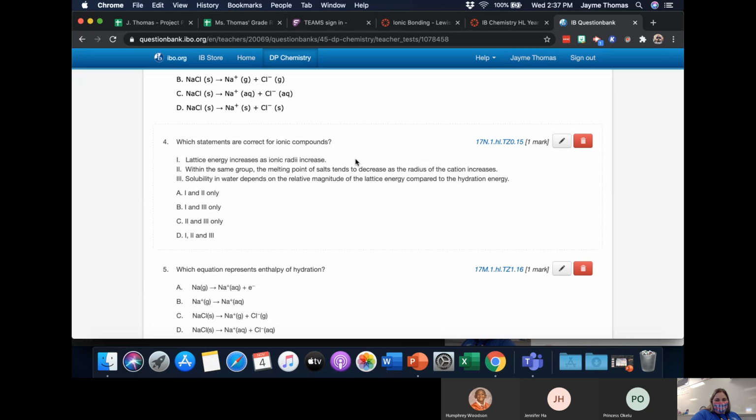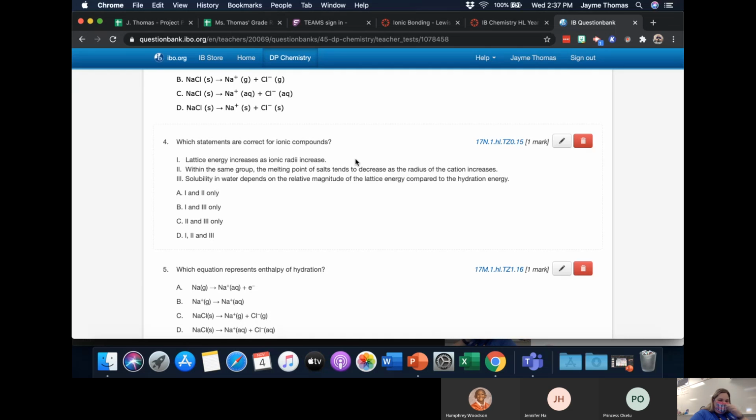It's the other way. The smaller ionic radii have the higher lattice energy, just like the smaller radii had the higher enthalpy of hydration. So number 1 is not true. Guess what? I just eliminated 3 of the answer choices. That means it has to be C.